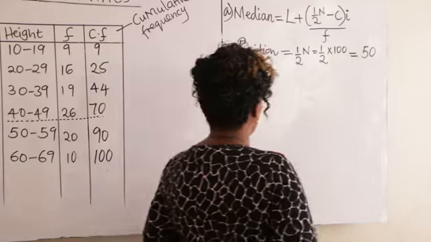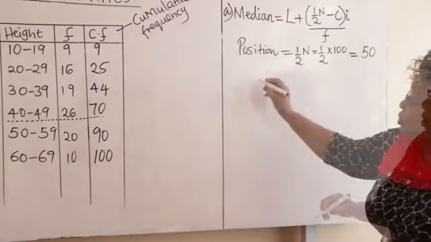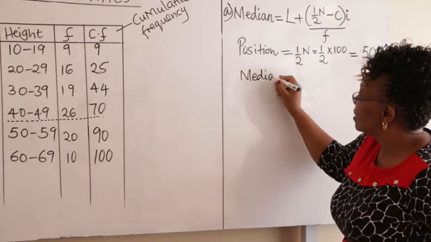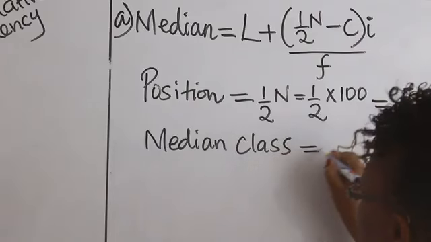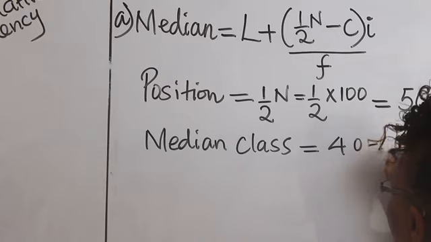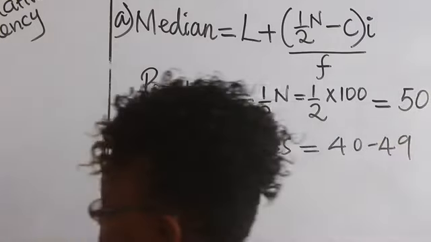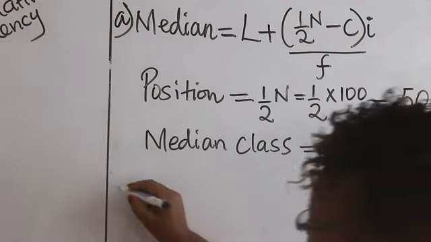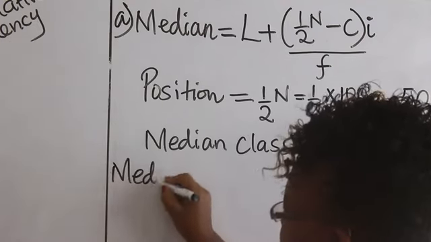So your median class is 40 to 49. Learner, from there, go and calculate your median.